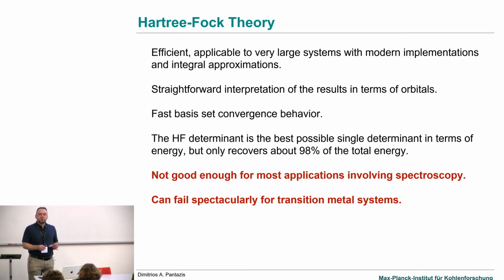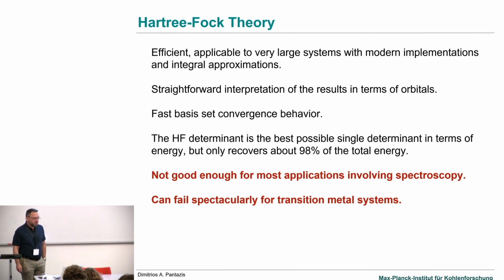Now, Hartree-Fock theory is supposed to be the fundament of quantum chemistry, and it's fine. It's beautiful. It's an amazing construct, actually. But if we're talking about transition metal systems, it's pretty useless. And if we're talking about spectroscopy, it's also not very useful for any type of spectroscopy.